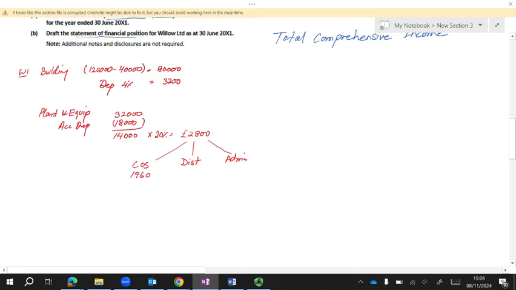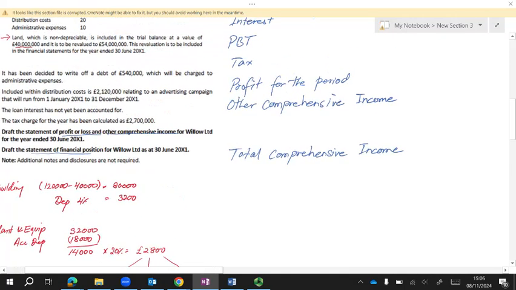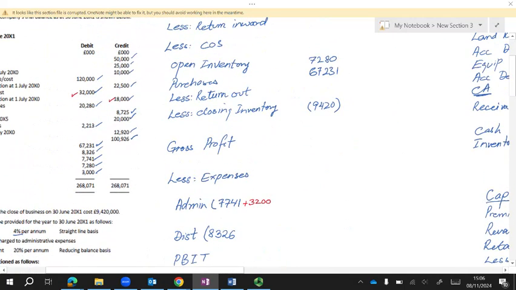So 70% of 2,800 is 1960, 20% of 2,800 is 560, and 10% of 2,800 is 280. 1960 will be part of the cost of sales. So let's go to cost of sales and add 1960.